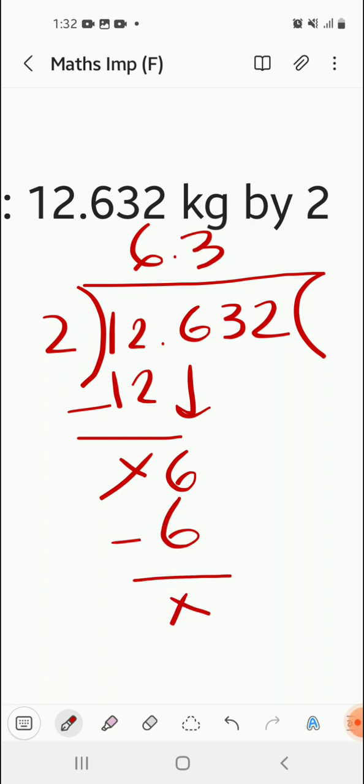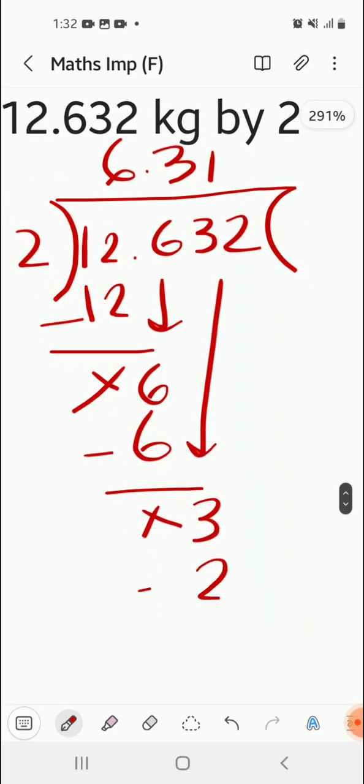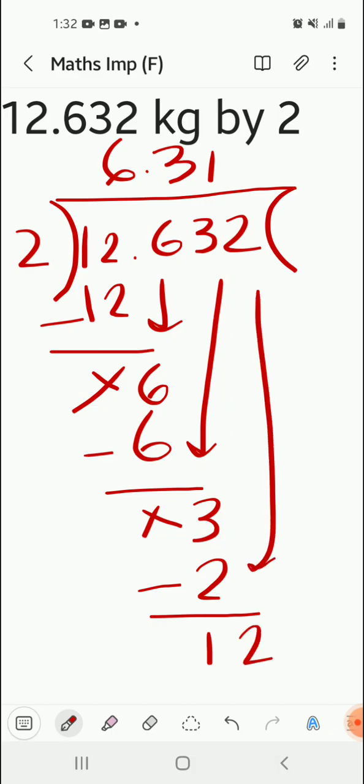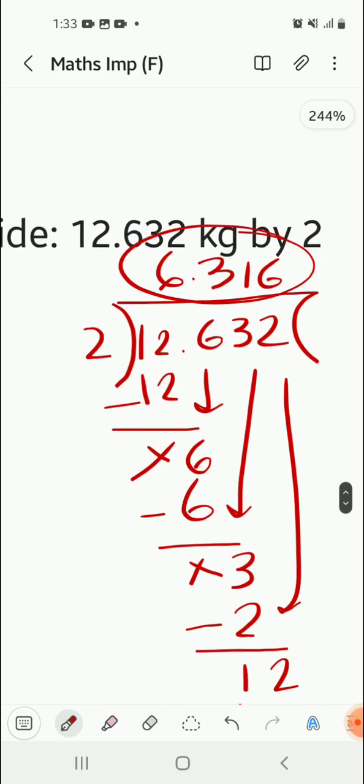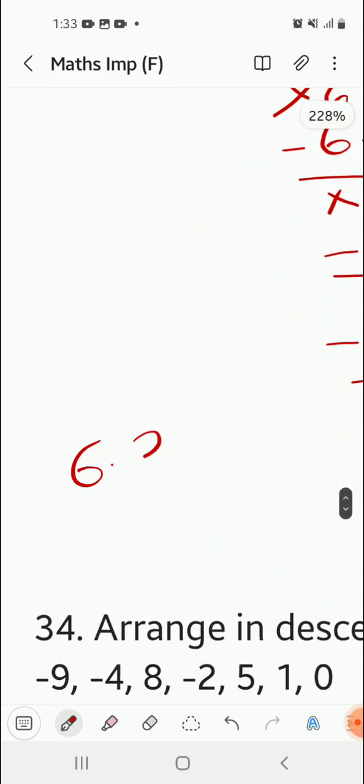Then 3. 2 ones is 2. Again take this 2. This becomes 12. So 6 into 2, 12. So my answer is 6.316. So we're going to write 6.316. This is my answer.